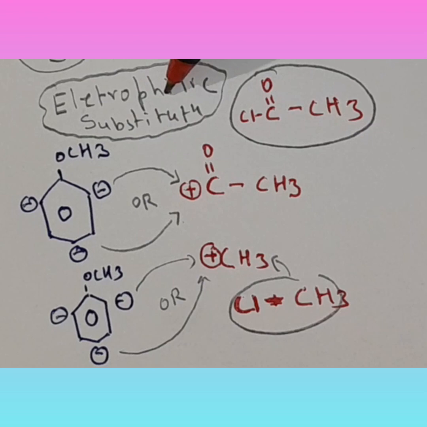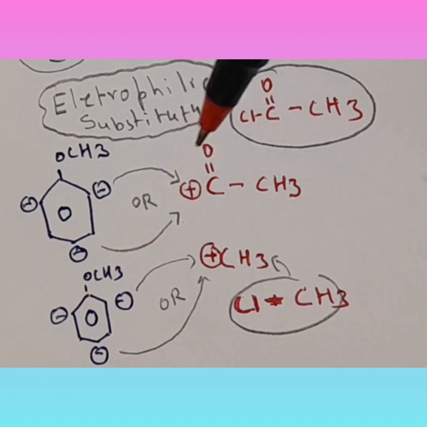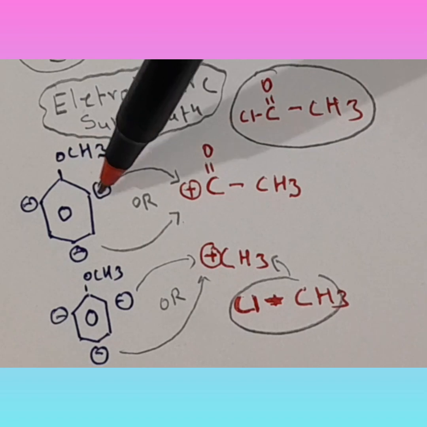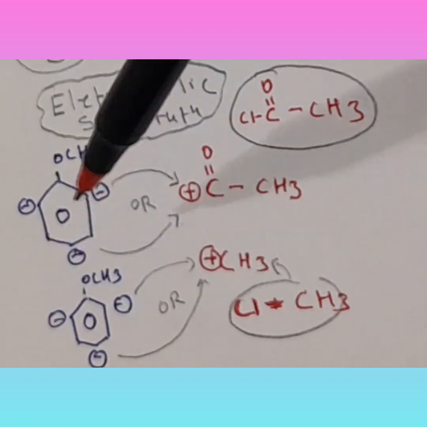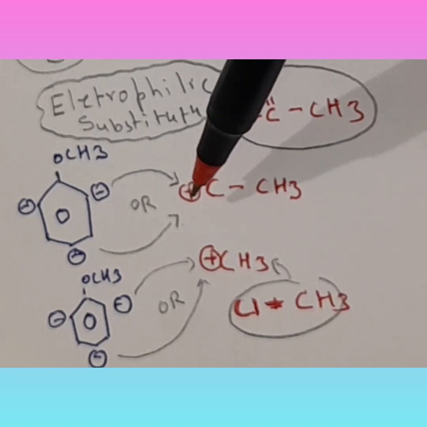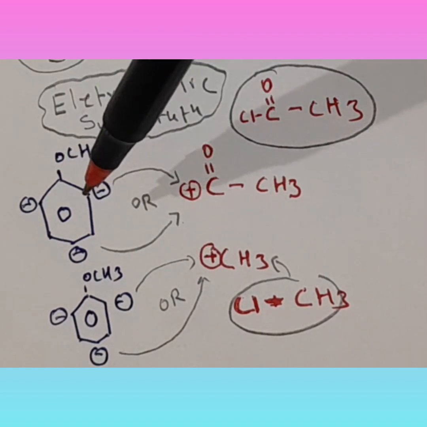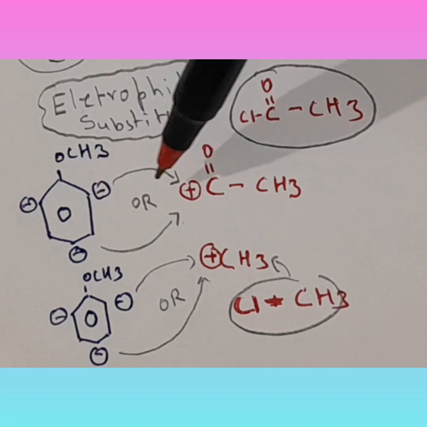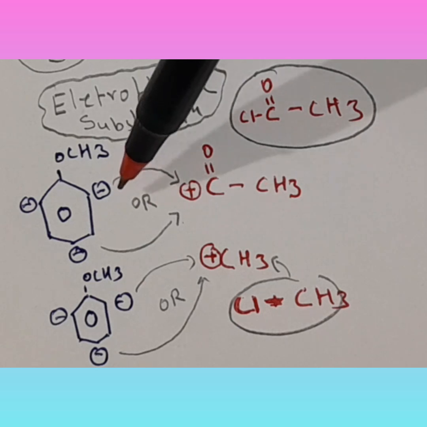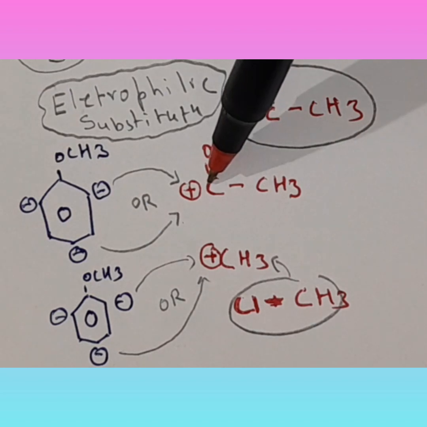So for electrophilic substitution, we require a nucleophile and we require an electrophile. Nucleophile is one which has excess of electrons, as we see here, and electrophiles are those which are cations. Alright, so these are the situations. So when such is the situation, then ortho para substitution can occur, or both.